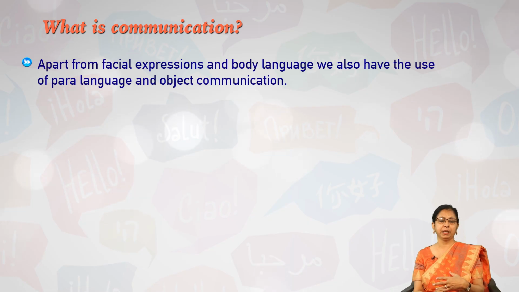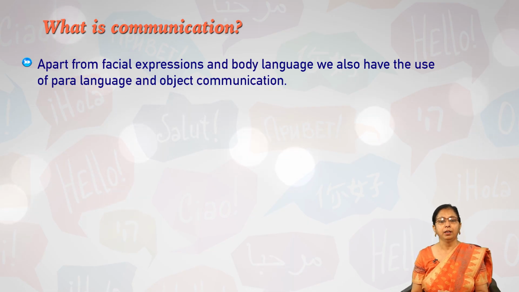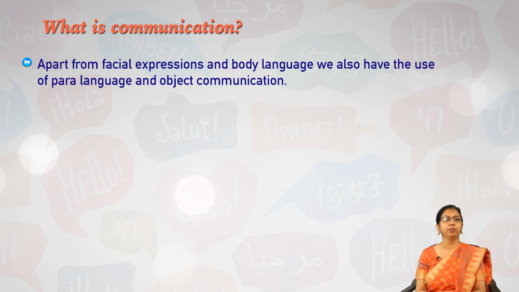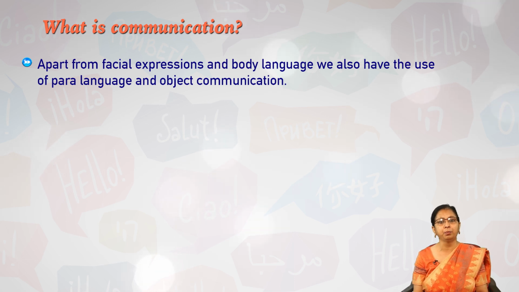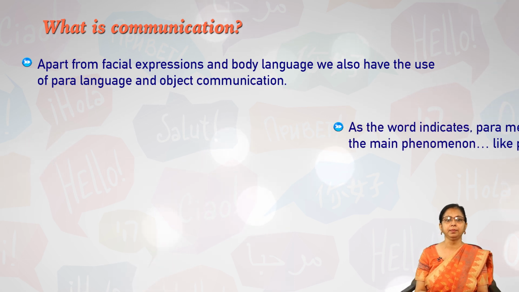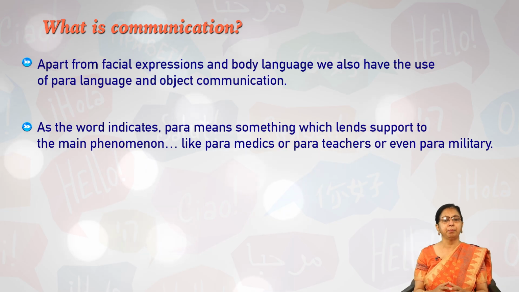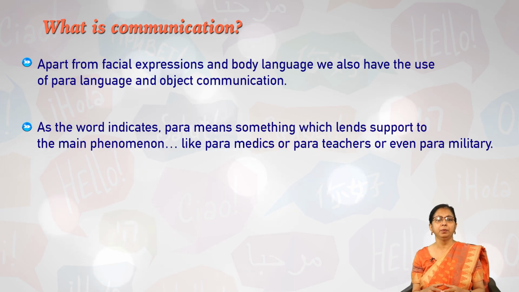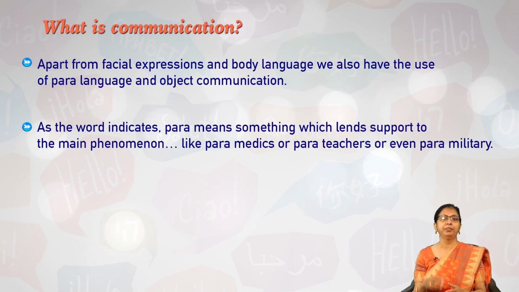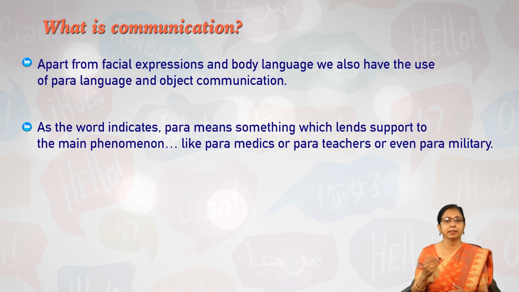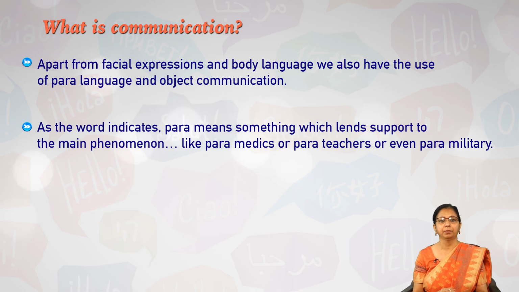Apart from facial expressions and body language, we also have the use of paralanguage and object communication. As the word indicates, para means something which lends support to the main phenomenon, like paramedics or para teachers or even paramilitary.